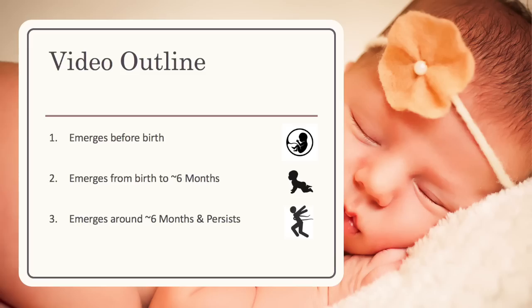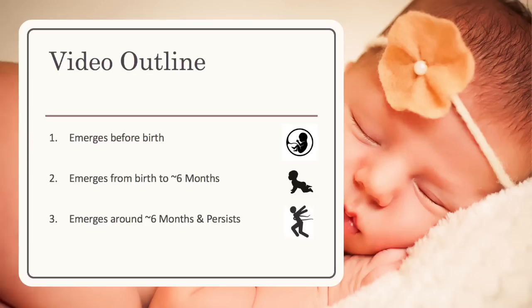All right, let's get started. The way I'll be going over the content of this video will be by breaking it up into 3 broad categories to help you remember the age of onset. These 3 categories will be based on when the reflexes first emerge and whether or not they get integrated. The first part will cover the reflexes that emerge in gestation before birth.